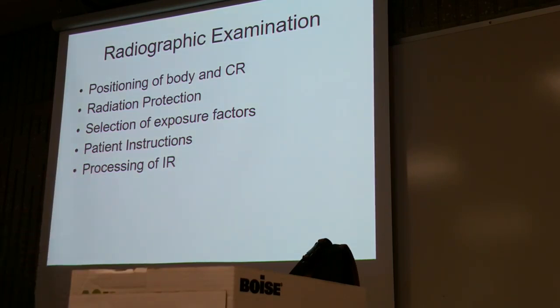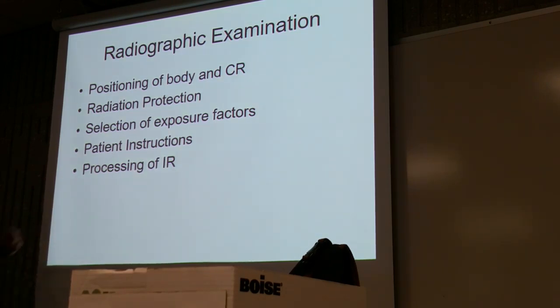Patient instructions. Again, we're talking about radiographic examination. We're not just pushing buttons, guys. We are trying to create a relationship between the tech and the patient so we can go through the procedure without any type of problems or complications. Patient instruction is a key element in getting through the examination.